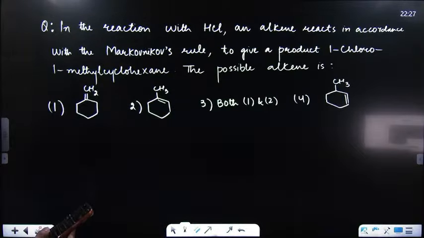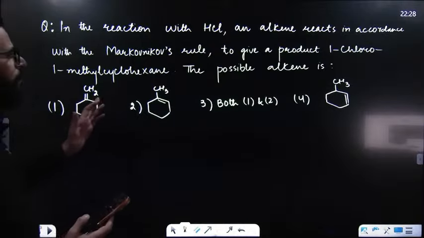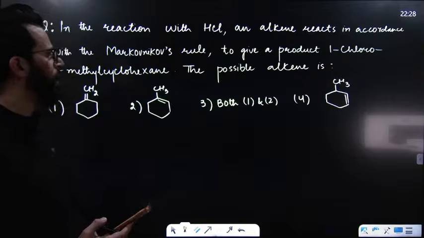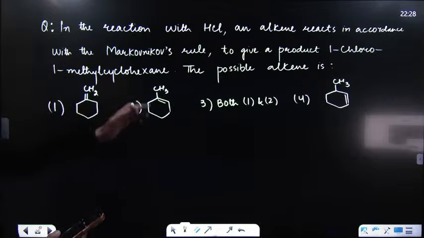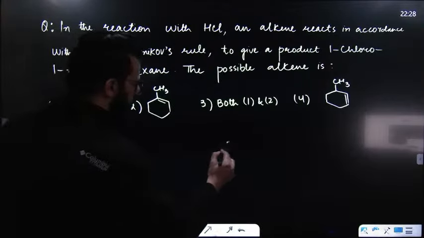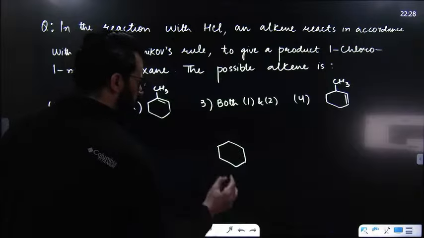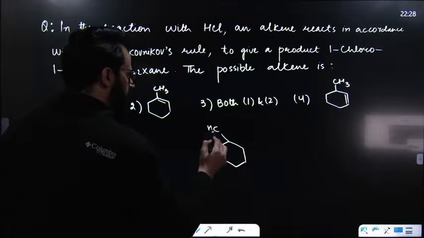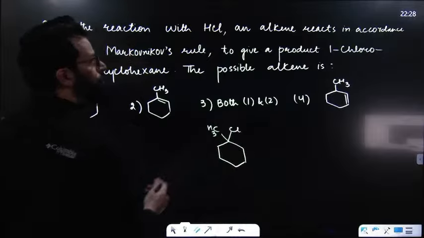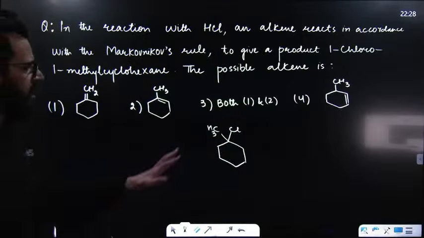In reaction with HCl, an alkene reacts in accordance with Markovnikov's rule to give the product 1-chloro-1-methyl cyclohexane. That means it is like this, 1-methyl and 1-chloro. This is the product.